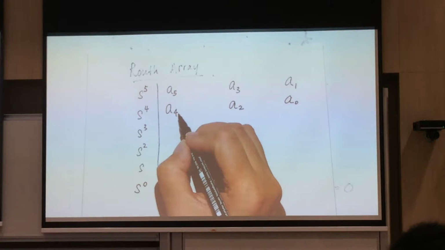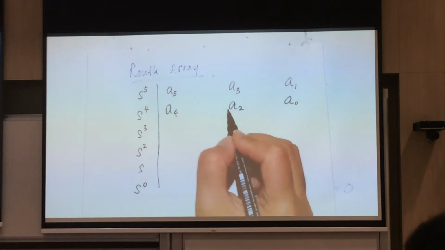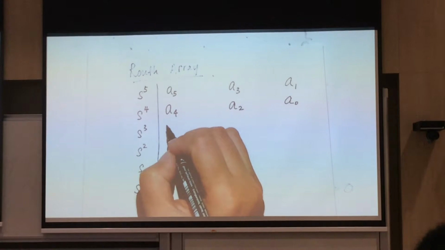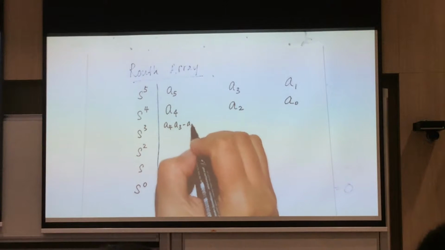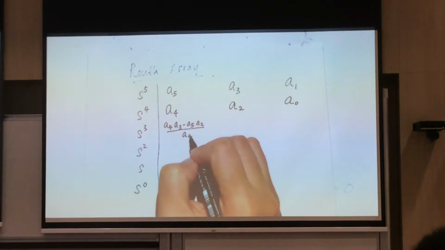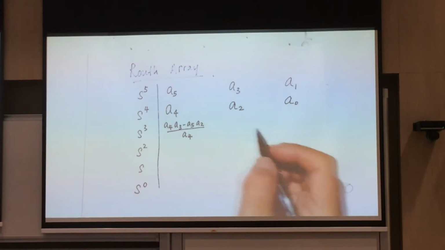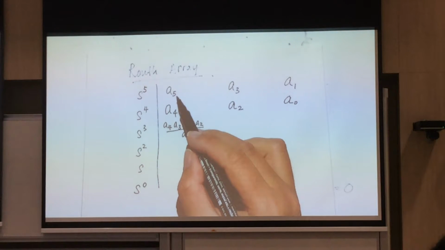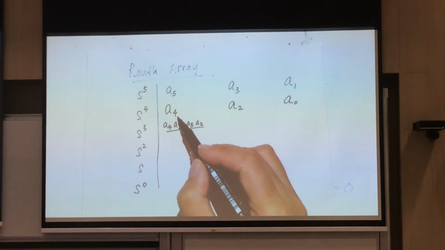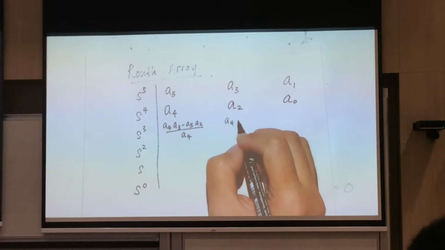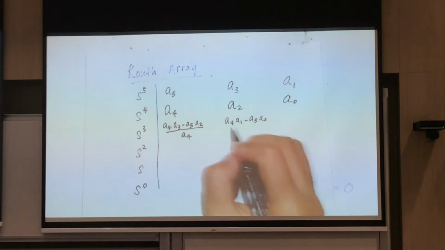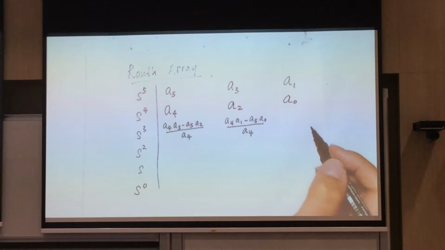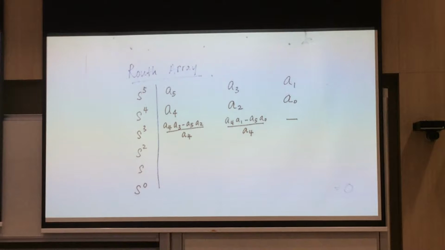This element is a4 times a3 minus a5 times a2, over a4. And this one, we take a4 times a1 minus a5 times a0, over a4. Okay, this one is on the third row. Got this? Yeah? Okay, next.